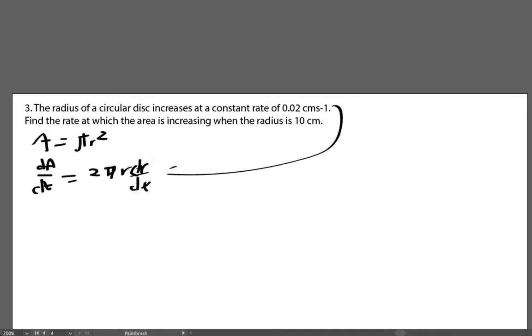So we can just plug the numbers in there. The radius is 10 centimeters. What you'll get is 0.4 pi. Units, centimeters squared per second, if you need it. And yeah, that's my answer.